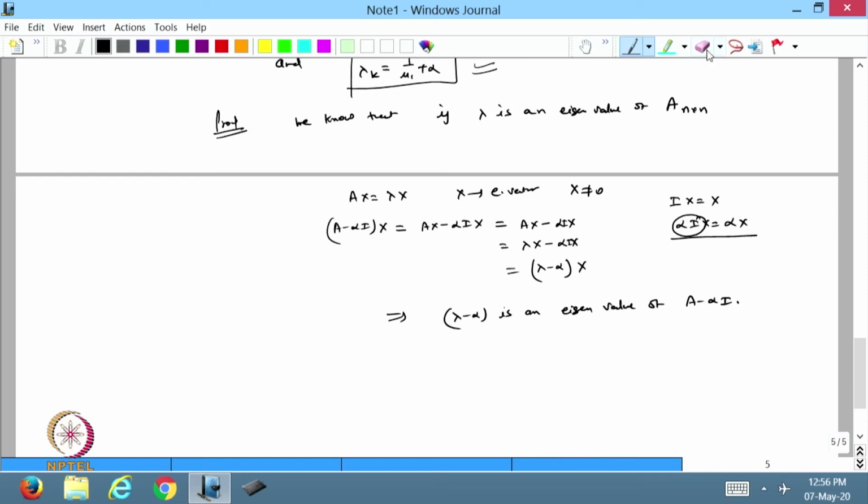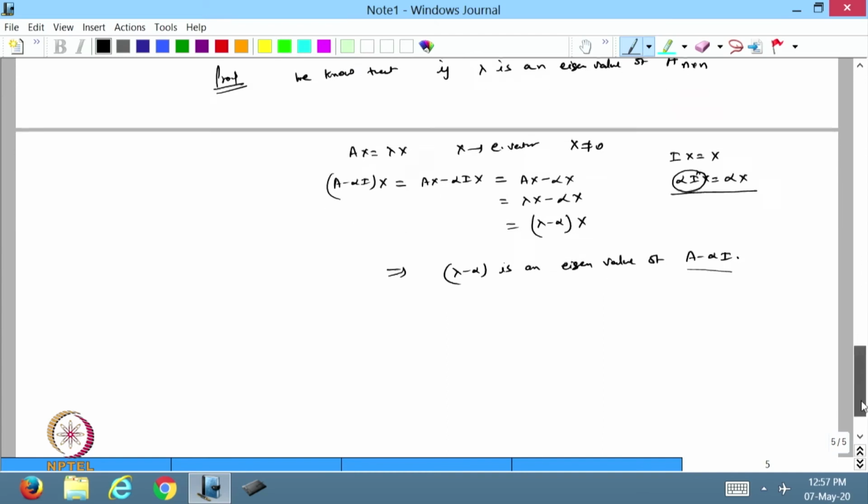There is no need to write I on the vector side, because x is already a vector, so alpha x is fine. So, lambda minus alpha and x are the eigenvalue and eigenvector of this matrix.